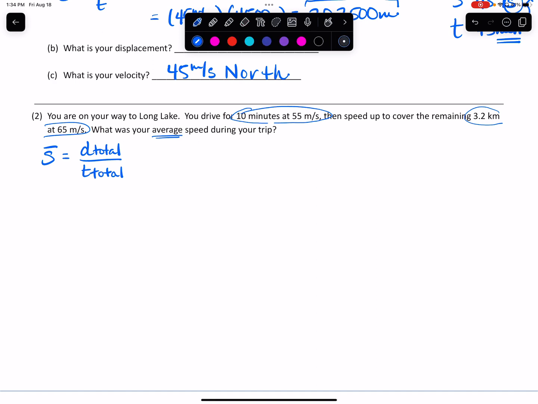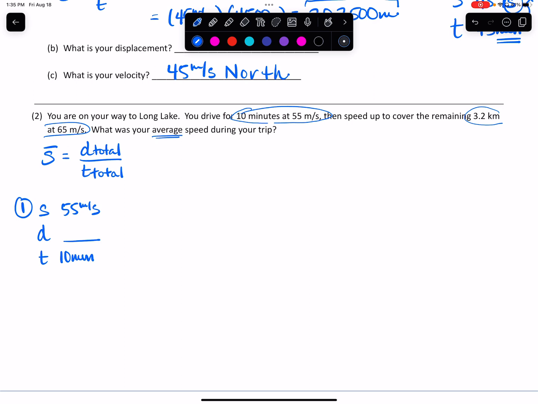All right, so I have two legs to this trip. If I look at leg number one, with speed, distance, and time, I know the time, 10 minutes, and I know the speed, 55 meters per second, but I don't know the distance. So I'm going to have to find that number before I can calculate the average speed.